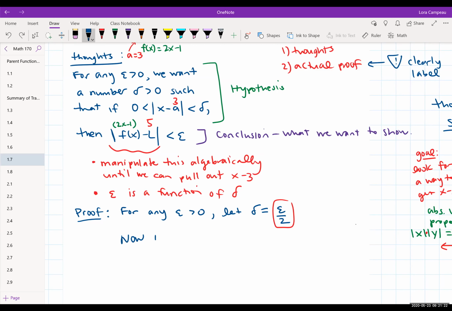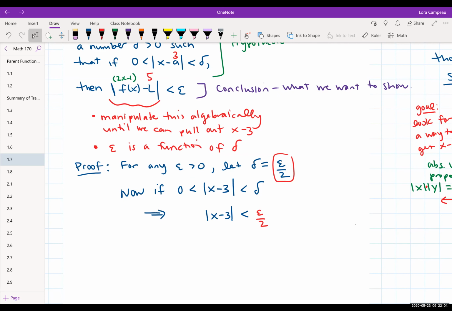So now if 0 is less than the absolute value of x minus 3, and we already know it's less than delta, we already know the value of delta. We can always assume that the absolute value, since it's already a distance, is going to be positive. So we can be a little less formal, and we can drop the 0 at this stage. Absolute value of x minus 3 is less than, what was our delta that we found? It was epsilon over 2. So I'm going to write that in red just to remind us.